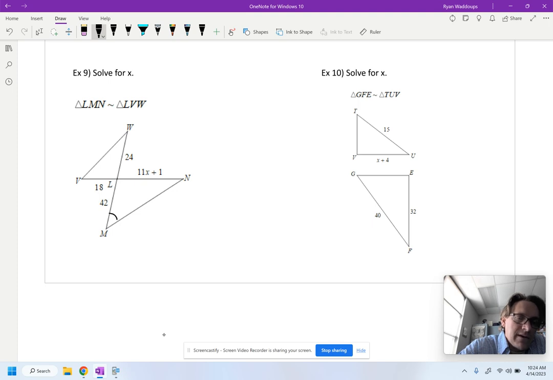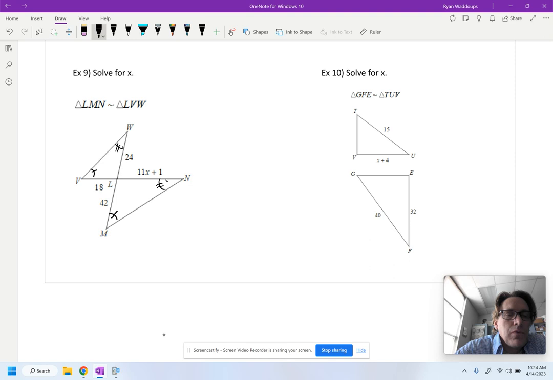M corresponds to V, and N corresponds to W. And then obviously L corresponds to itself.